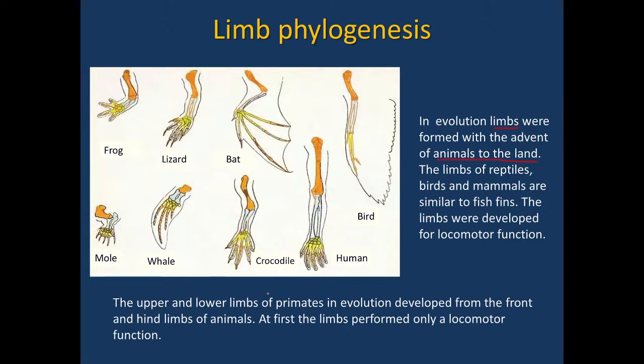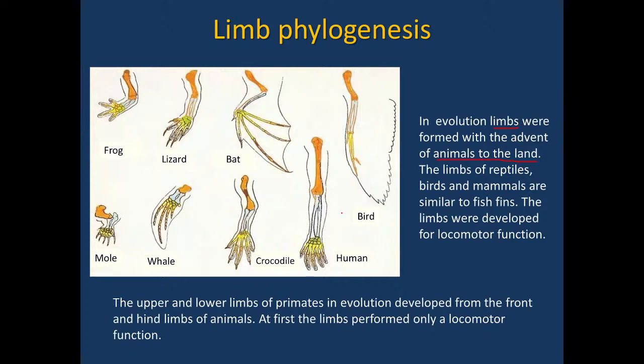The skeleton of the upper and lower limbs in animals is similar, and it is visible that there is no big difference between front and hind limbs in animals, because they have the same function, and this function we call locomotion. It means movement.